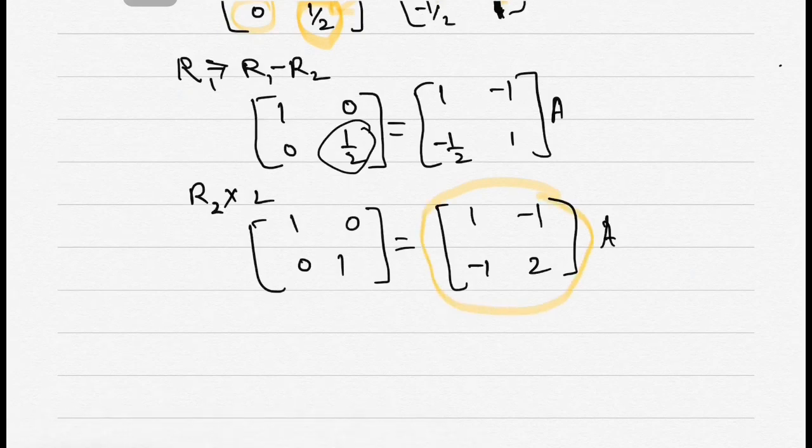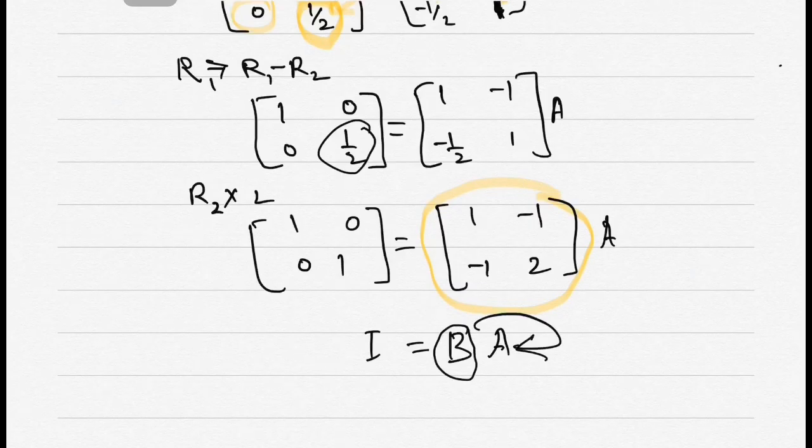As on the left side we have the identity matrix, and on the right side we have some matrix, say B, into A is equal to I, the identity matrix. It means that this must be the inverse of this matrix. So A inverse is equal to [1 -1; -1 2].